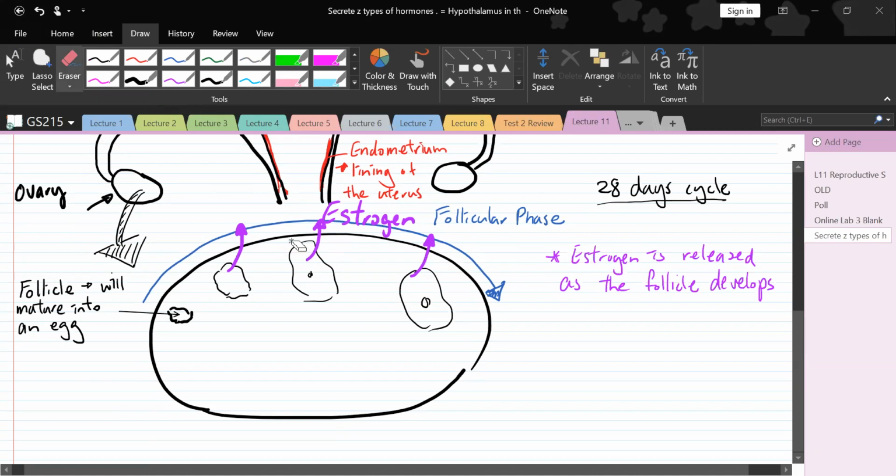The follicular phase would be from day 1, marked by the menses, to day 14. Okay, 1 to 14. Okay, so midway in the cycle, the egg is ready and the egg will be ovulated. Okay, so this is ovulation.